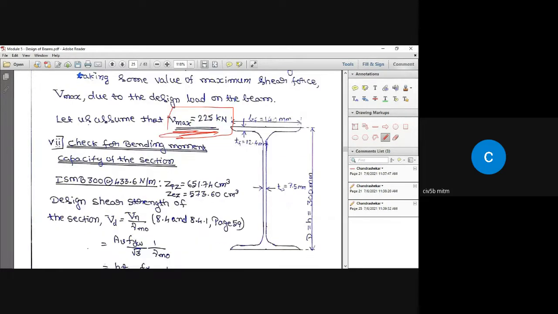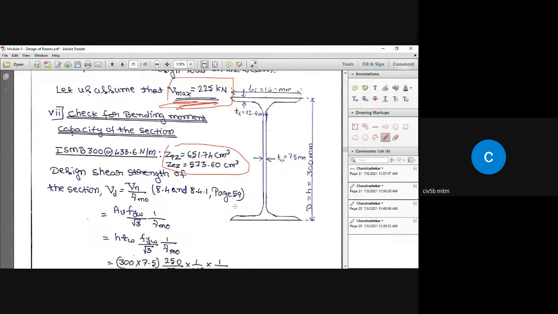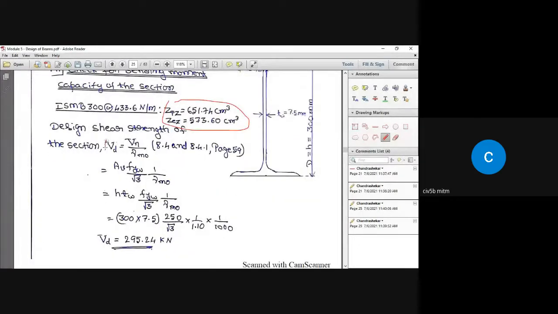When it comes to checking the bending moment capacity of this ISMB 300 section, these are the values we picked up from the code book, under page number 138 and 139 under Annexure H. Again, this is the design shear capacity of this section, the VD value, that is 295.24 kilonewton.